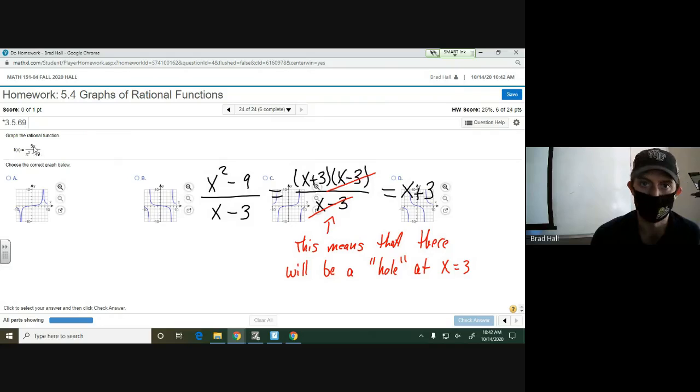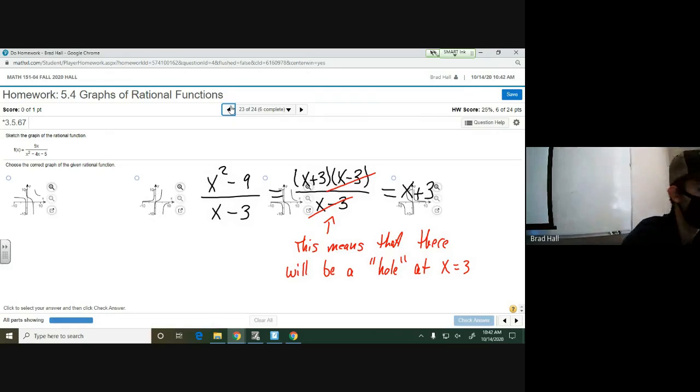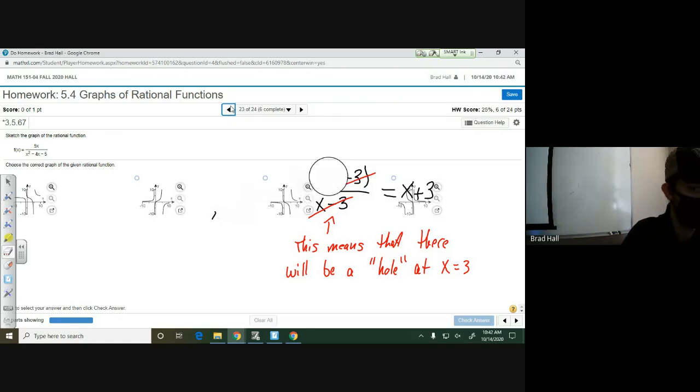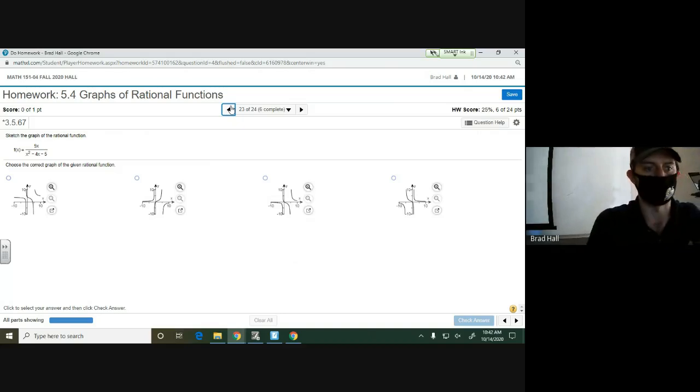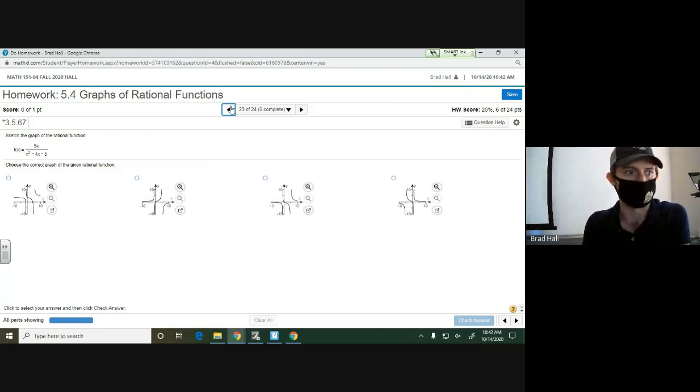I did this one in the lecture as well. Let's go ahead and do this one and we'll call it a day. Here it just gives us some random function and then it says determine which graph this corresponds to.